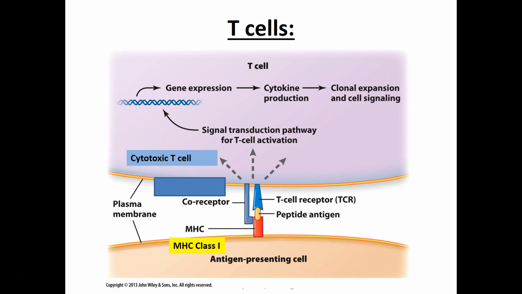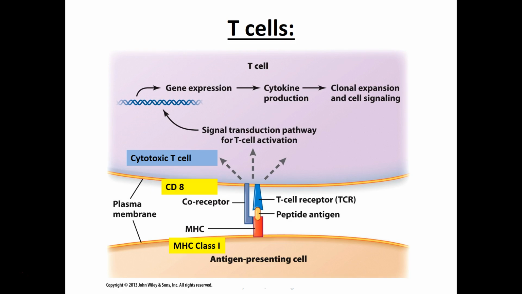Because remember, class 1's found on all our cells, right? So if any of our cells gets infected, we want to know. And what do you want to happen to that cell if it gets infected? You want it to die, right? So remember, cytotoxic T cells have CD what? 8, because it sounds like eat, right?